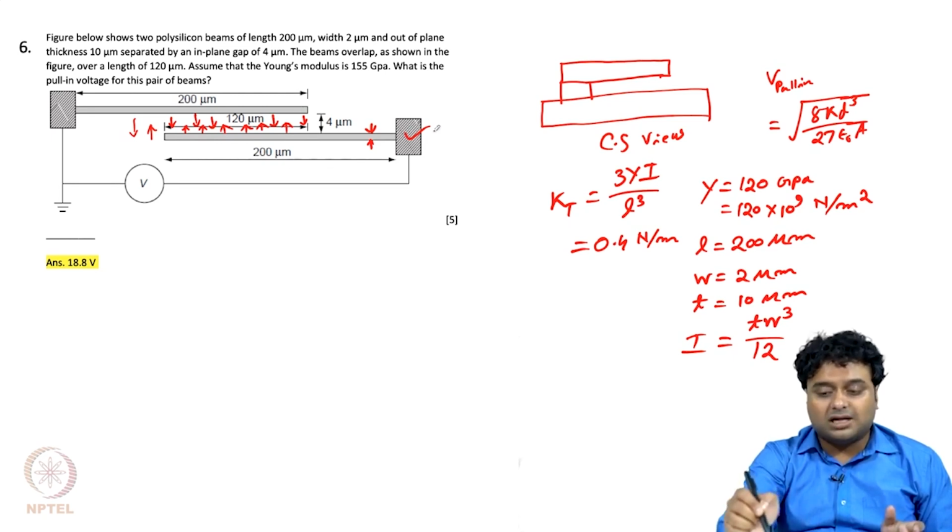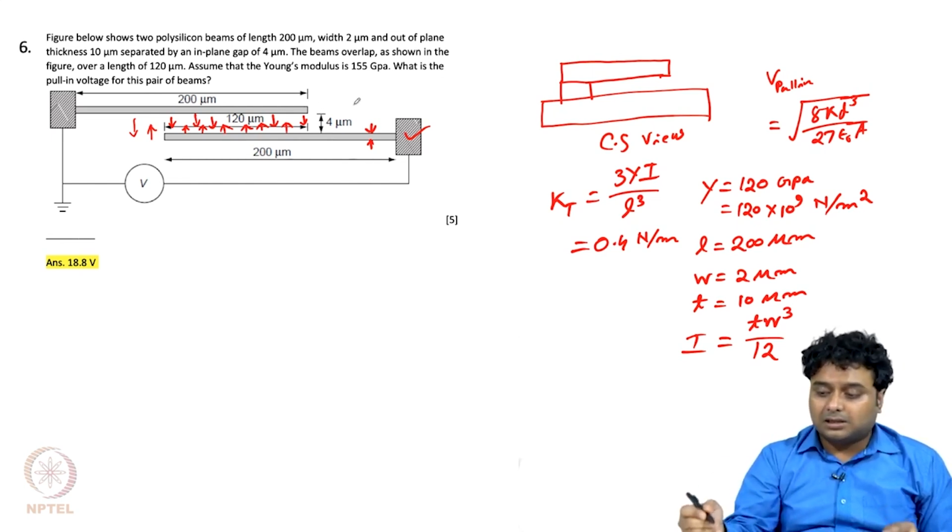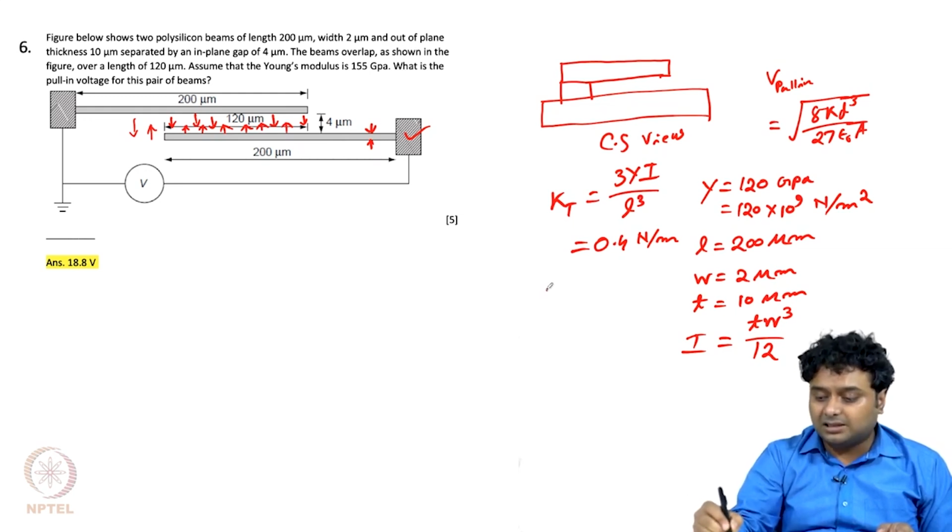And while I am considering that one of the beams is fixed, then I need to make such an arrangement so that the top beam will move 20 nanometer. And how is that possible? That is possible if we consider the effective stiffness K effective to be half.